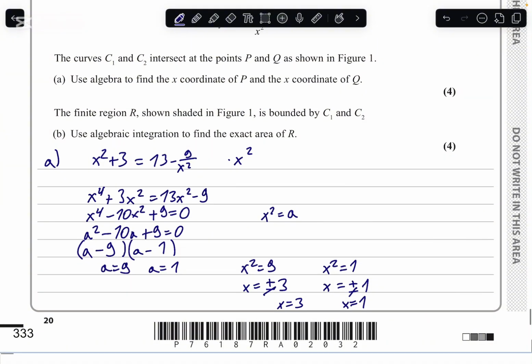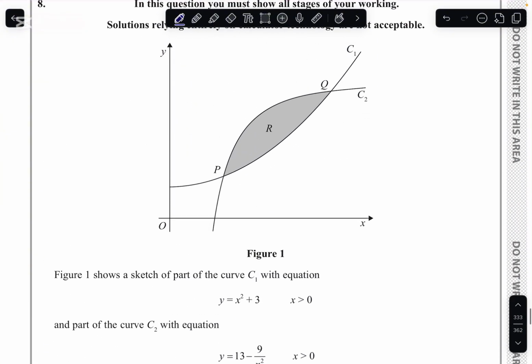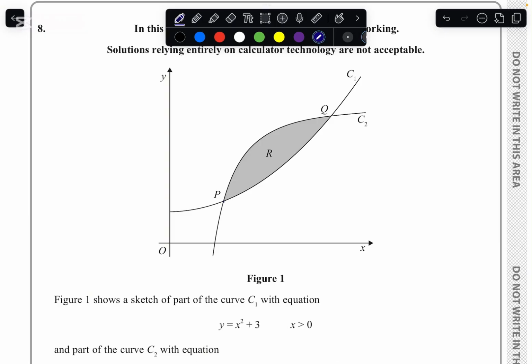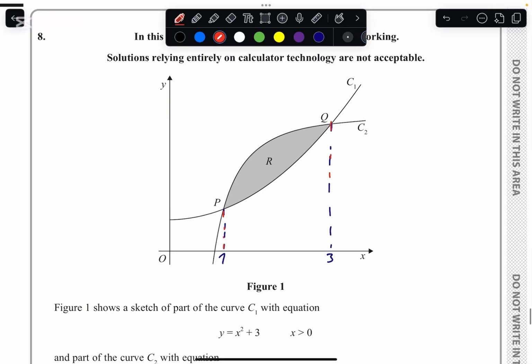Use algebraic integration to find the exact area of R. So what we will have to do is find the integral of C2 from the value 1 to the value 3, and find the integral of curve C1 between the same values, and we do C2 minus C1 to find the area of R, because the integral between specific x-coordinates of one curve gives the area underneath that curve between those x-coordinates.